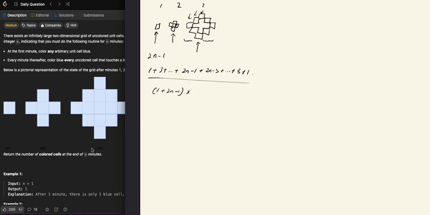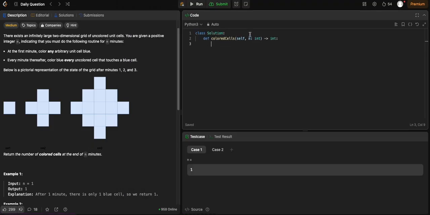It will just be n divided by 2. But then we actually want to multiply by 2 because we basically have the same arithmetic sequence here. But then we just have to do 2n minus 1 at the end, because we counted this twice. So let's just code this out, and then should be done.